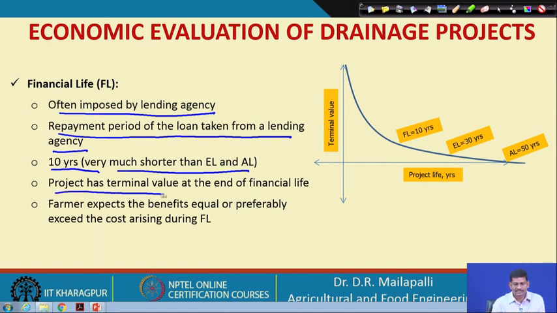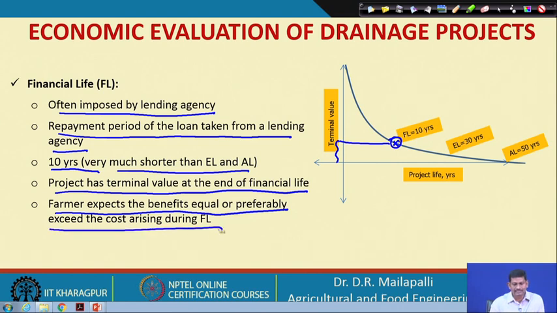The project has terminal value at the end of the financial life. The farmer expects benefits equal to, or preferably exceeding, the costs arising during the financial life, what he was planning.